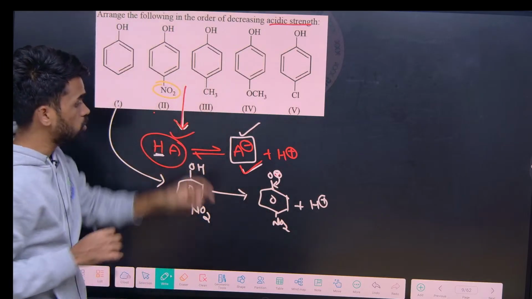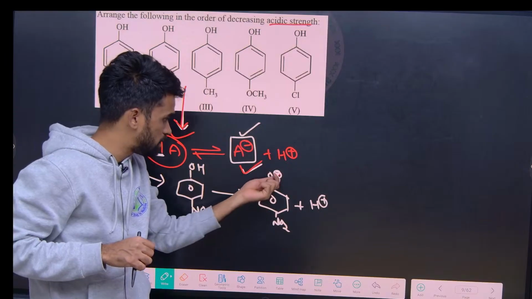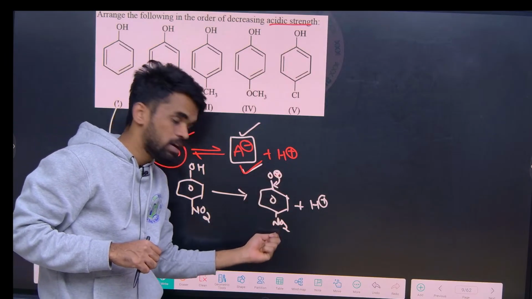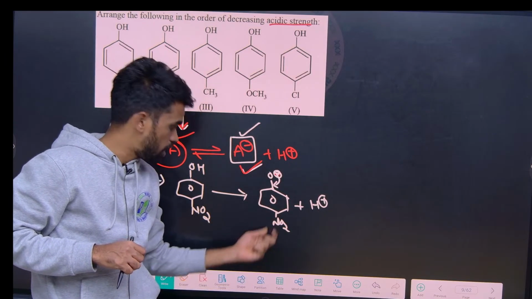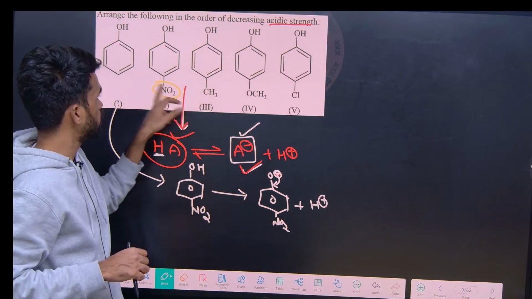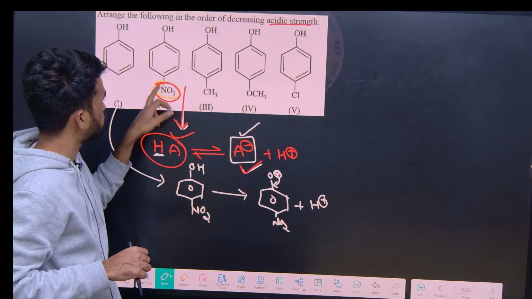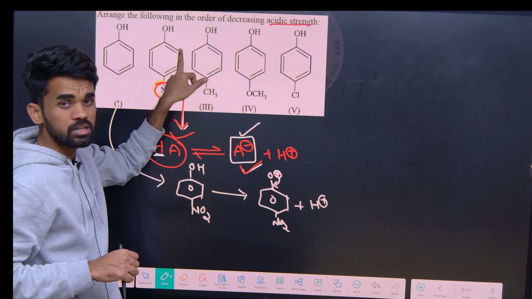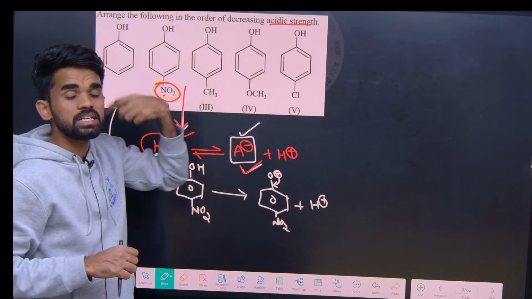The negative charge will be dragged more effectively inside the ring towards this nitro group side, since it is an electron withdrawing group. So if the attached group is an electron withdrawing group at the para or ortho position, the acidic nature of the organic acid increases.